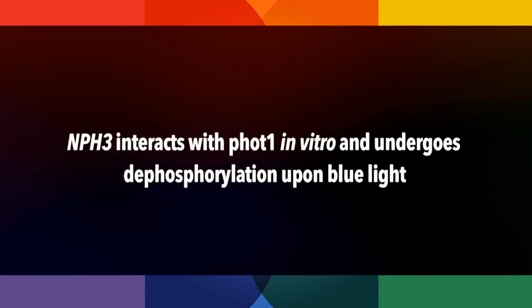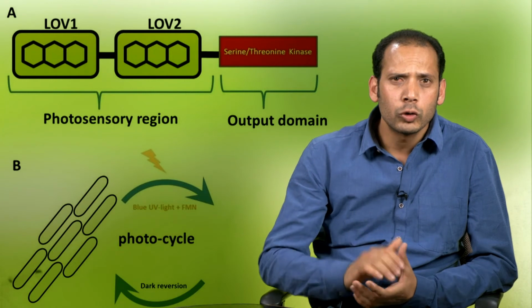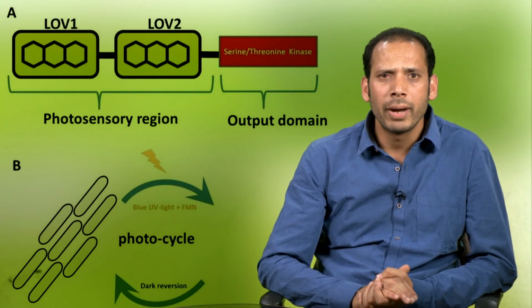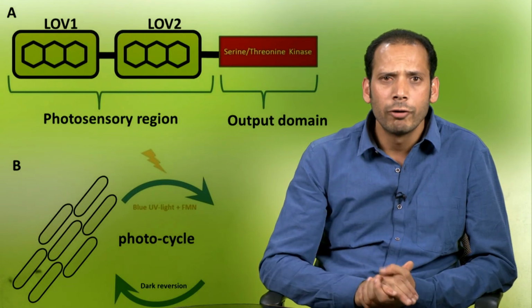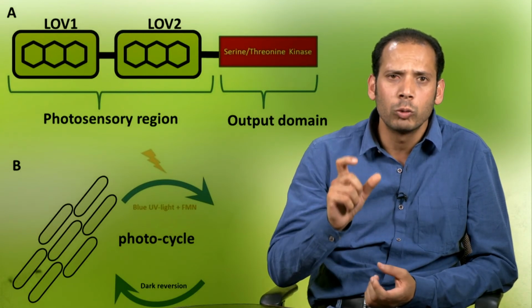NPH3 interacts with phototropin 1 in vitro and undergoes dephosphorylation upon blue light exposure. Phototropic curvature is mediated by an increase in growth on the shaded side of the stem resulting from an accumulation of the plant growth hormone auxin.